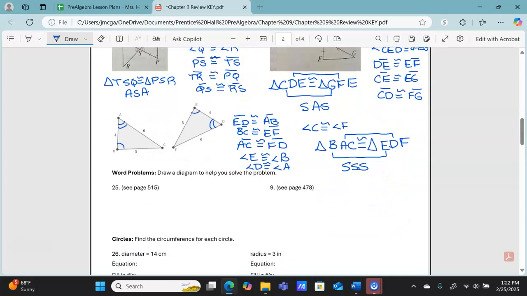Word problems, number 25 on page 515 says a house is built on a lot that is 70 feet wide and 100 feet deep. The shorter side of the lot faces the street. So here's the road. So this is 70, and then it's 100 this way. The house must be set off from the street at least 25 feet.